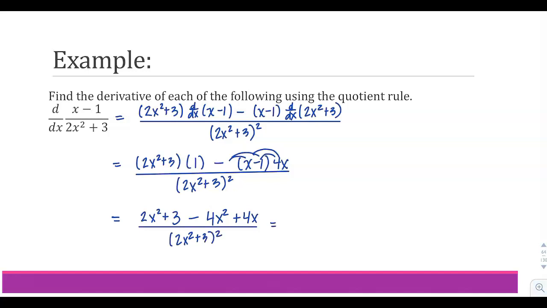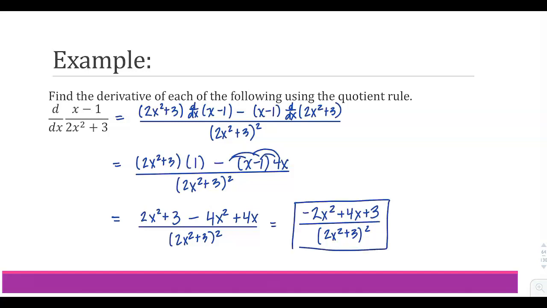And combining like terms here, I have negative 2x squared plus 4x plus 3, all over 2x squared plus 3 squared. And what we do at this point is check whether or not the numerator factors, because if it factored, then we'd want to simplify by factoring completely and then potentially canceling with something in the denominator depending on what the problem looks like. But in this example, the numerator does not factor, so we are going to go ahead and leave our answer like this.